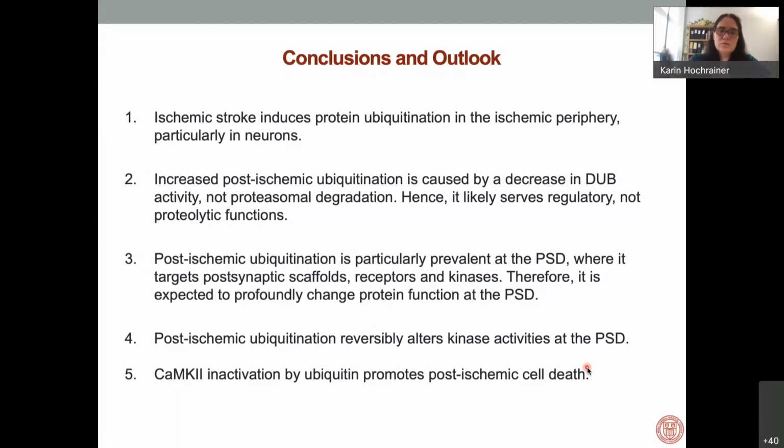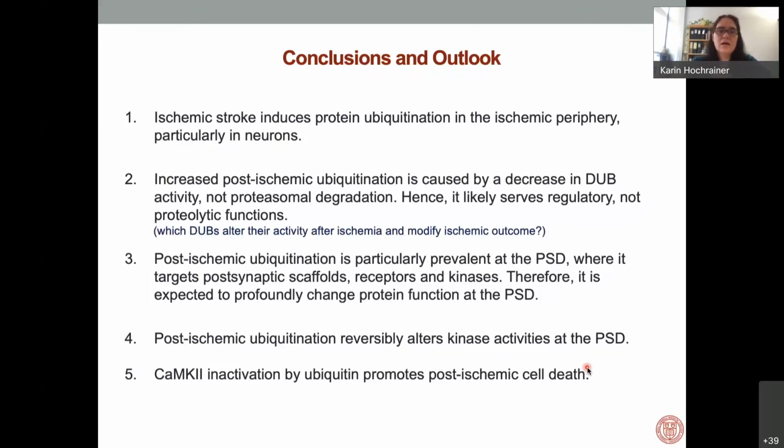Then post-ischemic ubiquitination is prevalent at the PSD, where it targets scaffolds, receptors, and kinases, and therefore it is expected to profoundly change protein function at the PSD. And post-ischemic ubiquitination reversibly alters kinase activities at the PSD, and CaM kinase inactivation by ubiquitin promotes post-ischemic cell death.